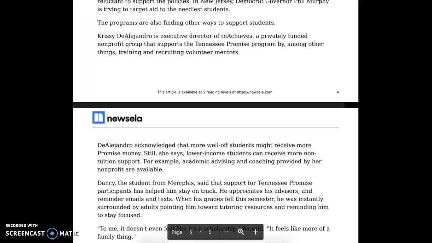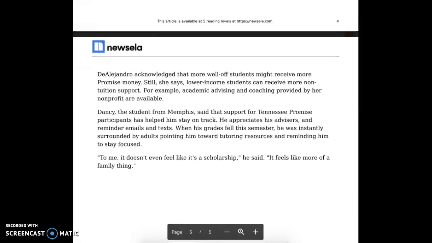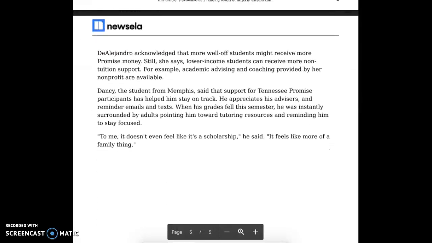Chrissy D'Alejandro is executive director of TN Achieves, a privately funded nonprofit group that supports the Tennessee Promise program by, among other things, training and recruiting volunteer mentors. D'Alejandro acknowledged that more well-off students might receive more Promise money. Still, she says, lower-income students can receive more non-tuition support. For example, academic advising and coaching provided by her nonprofit are available.